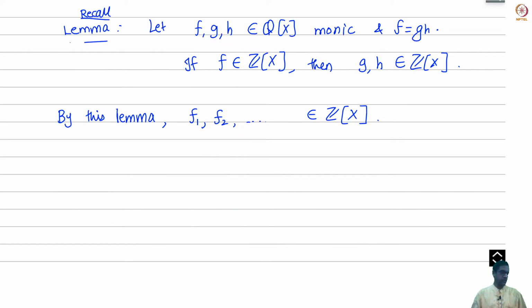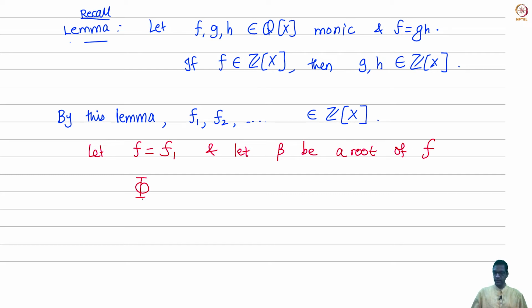Now what does this imply? Let f equal the very first irreducible factor. Remember, I know what my entire product looks like. Phi_n(x) is the product of all the primitive nth roots of unity, and this I am writing as f1(x), f2(x), and so on.